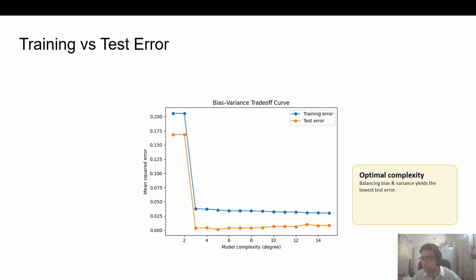As we make models more complex, training error drops sharply, but test error only decreases until a point and then starts to rise again. So the minimum of the test curve is the optimal complexity where bias and variance are balanced. So tools like cross-validation will help us find this right spot in practice.